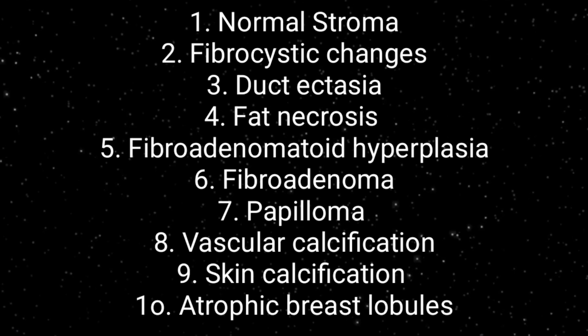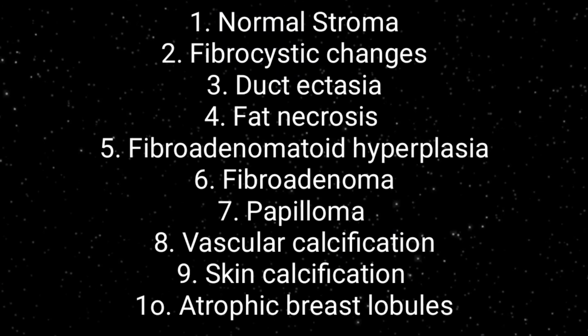The first and topmost is normal stroma. Sometimes if there is a normal stroma, you may be able to see calcification there. Next come fibrocystic changes. If any fibrocystic changes take place in the breast, this may lead to small calcification.